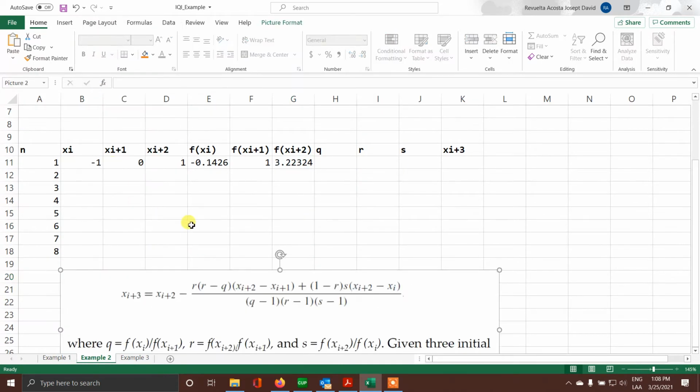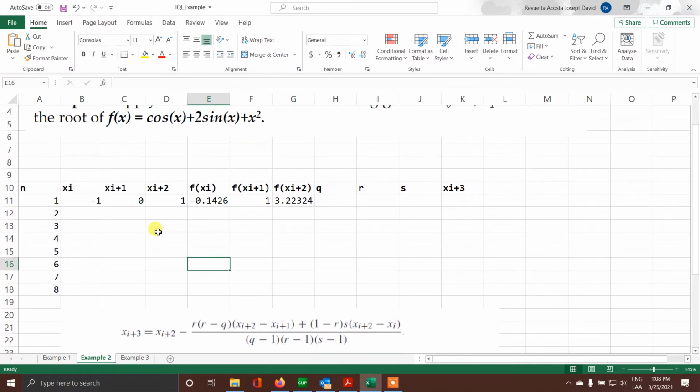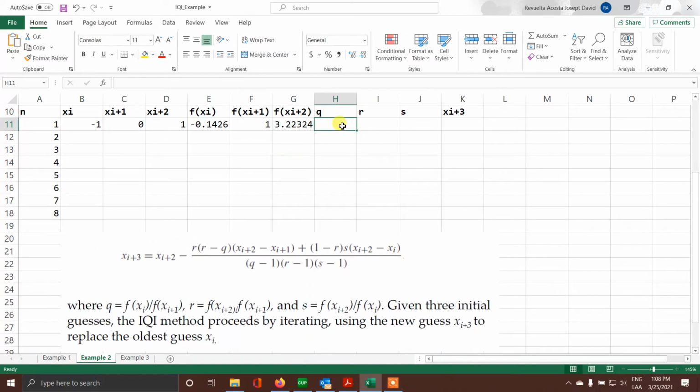Oh, so here we have a problem. So instead of fixing this as a number equal to 0, let's just use 0.1. This is something that sometimes happens. Don't worry about this. So we'll see how it goes. So R is equal to f of xi plus 2, which is this one, divided by f of xi plus 1, right?